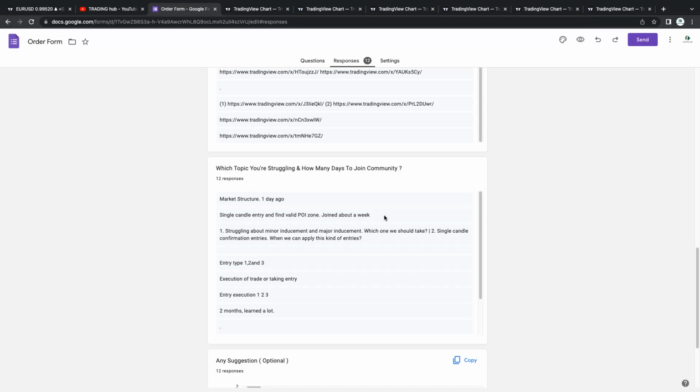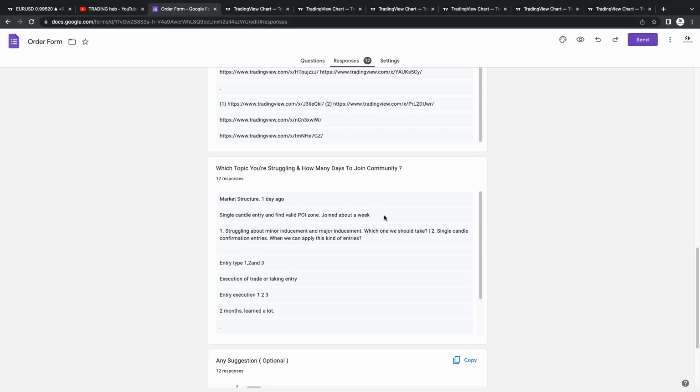First, identify the normal entry after CHoCH and inducement, and after that you can apply single candlestick entry, because it is a little bit different, an advanced and very aggressive entry, single candle mitigation. So first you have to focus on the valid entry as per our entry module.